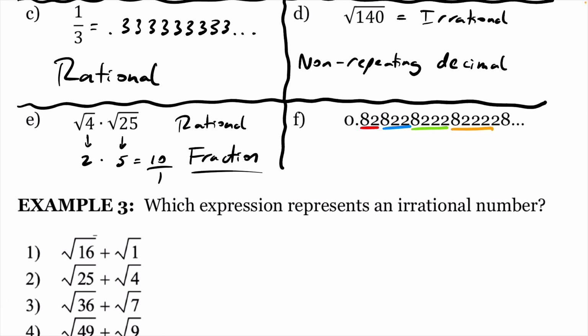This one's not repeating. It's close, but it's not repeating. They're different numbers every time. 82, 822, 8222, 82222, right? So this one is irrational. It's a non-repeating decimal.